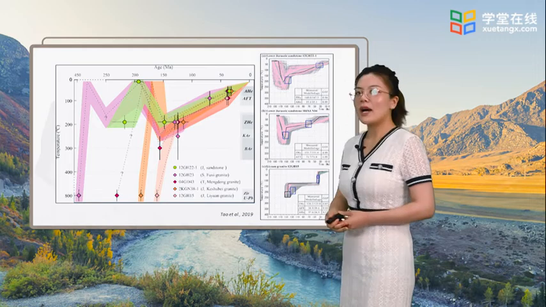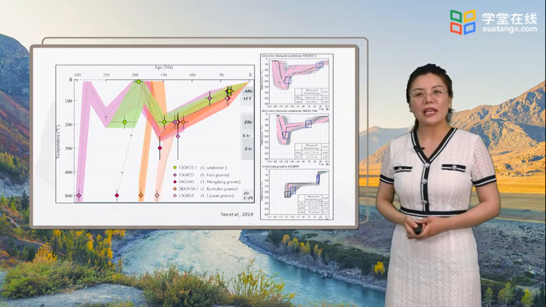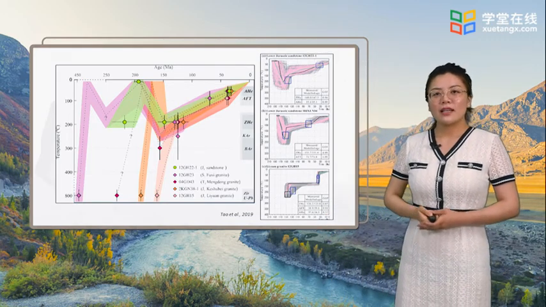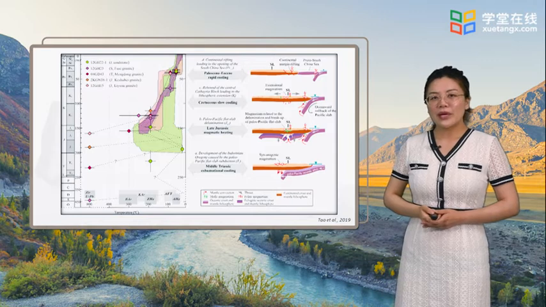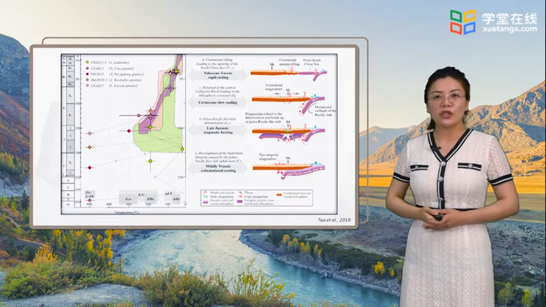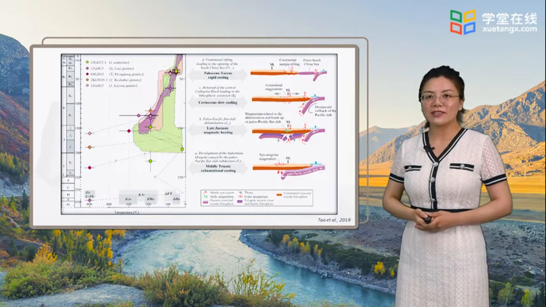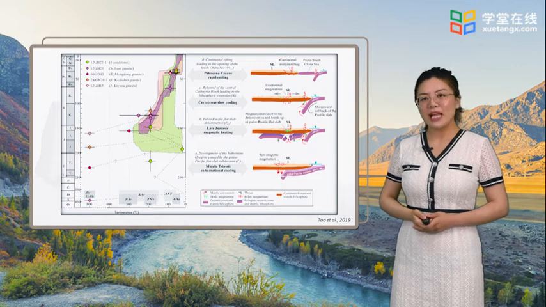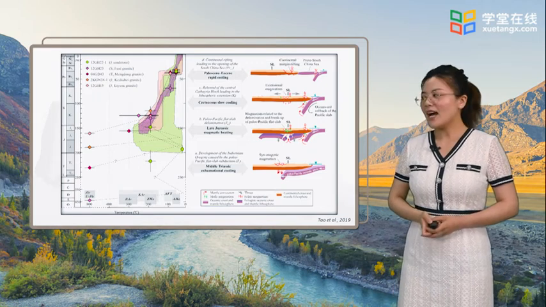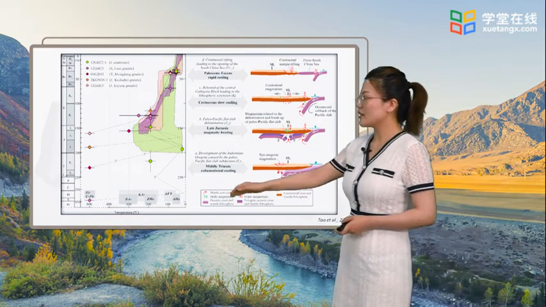So how to combine this forward modeling and the inverse modeling? What we can do is overlap the forward modeling results and the inverse modeling temperature histories, as shown in this figure here.